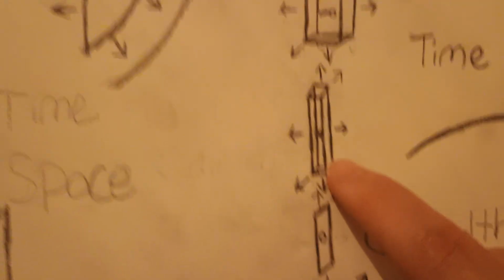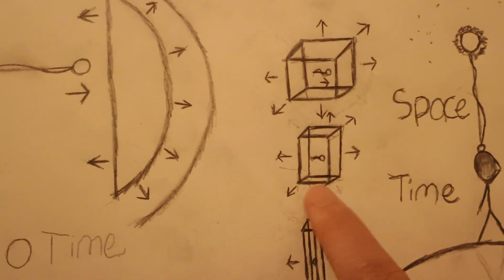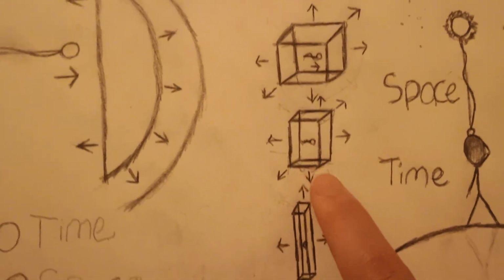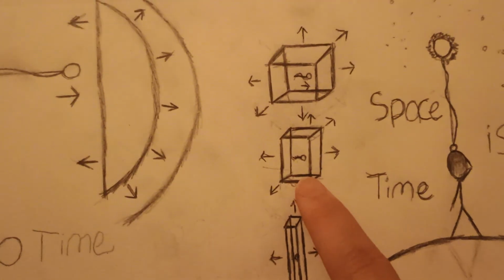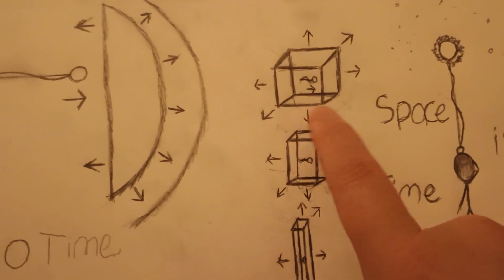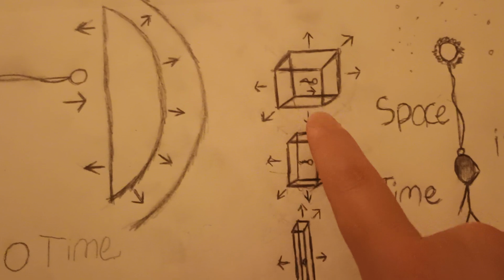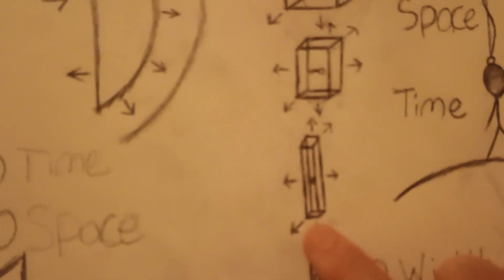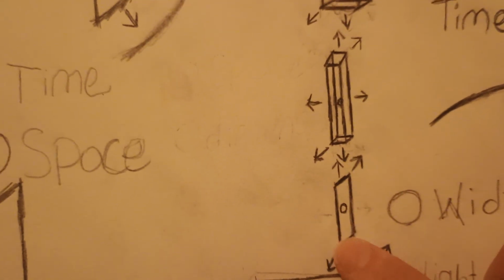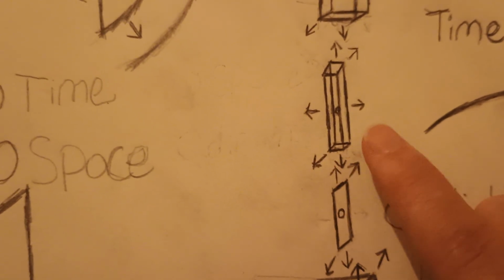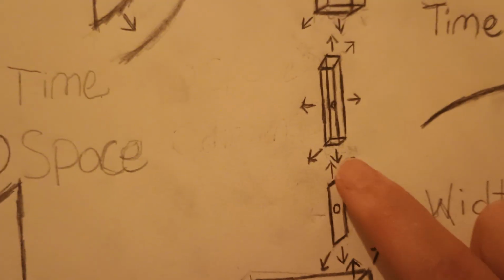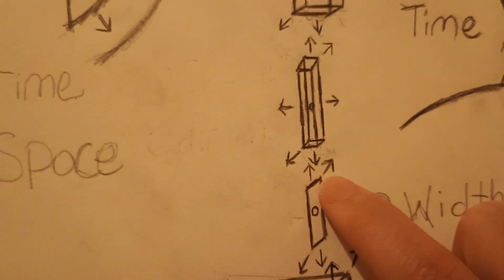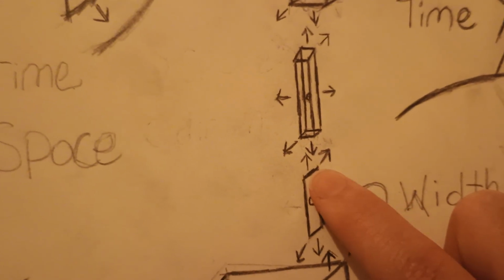So you could see I collapsed the dimension of length, or no, that's width actually. The dimension of width, we'll call this width. So I collapsed the dimension of width until it was a square. Don't be fooled by the diagonal arrows.